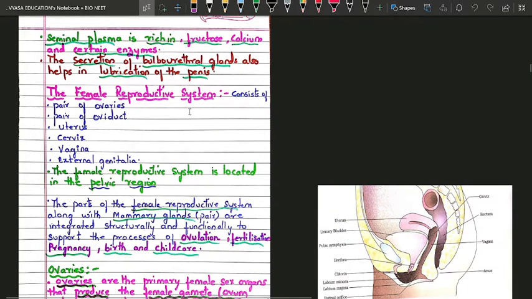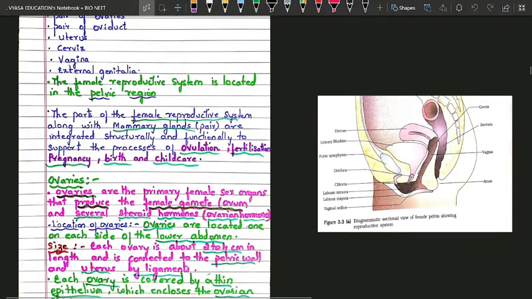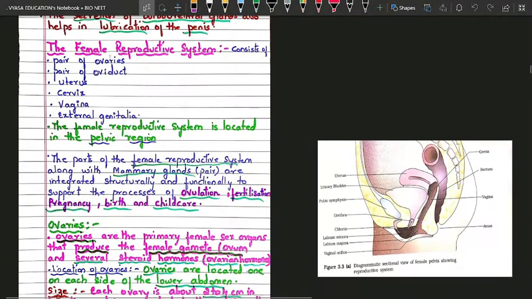The female reproductive system consists of a pair of ovaries, a pair of oviducts, which are nothing but the fallopian tubes, the uterus, cervix, vagina, and external genitalia. One by one we'll see them. So what all is it having?